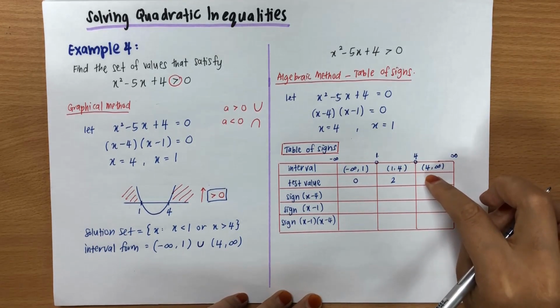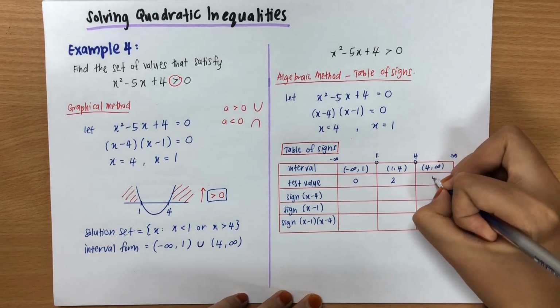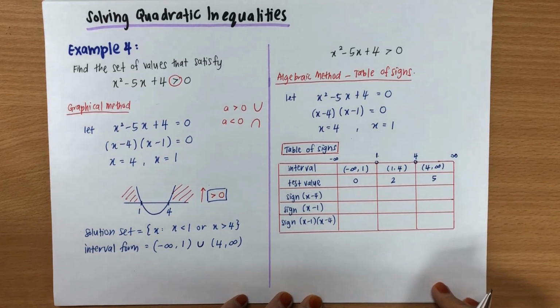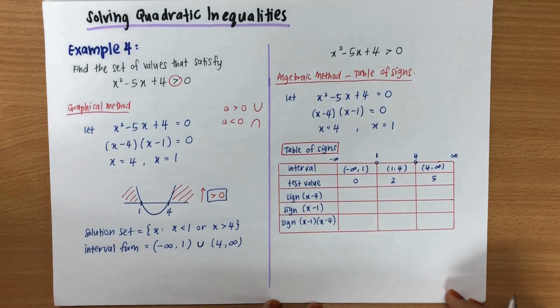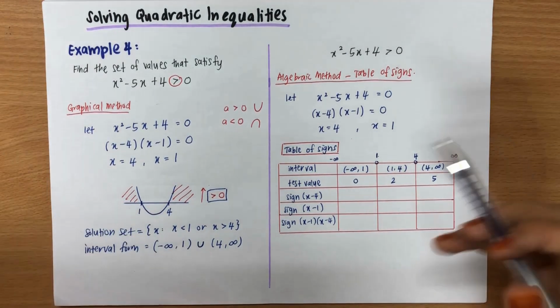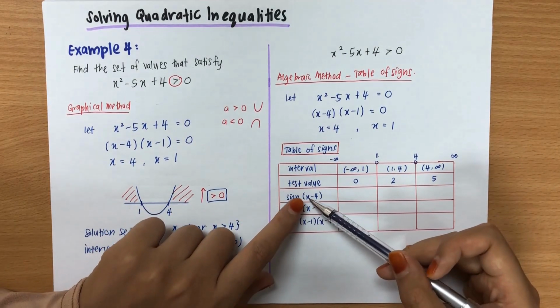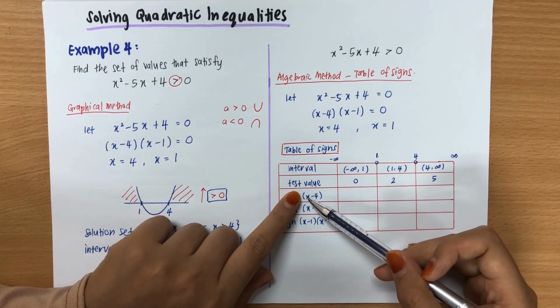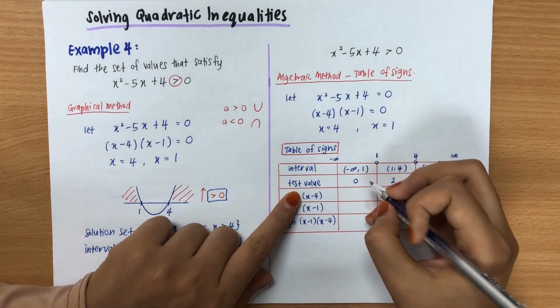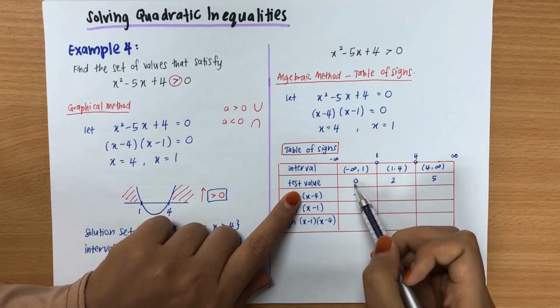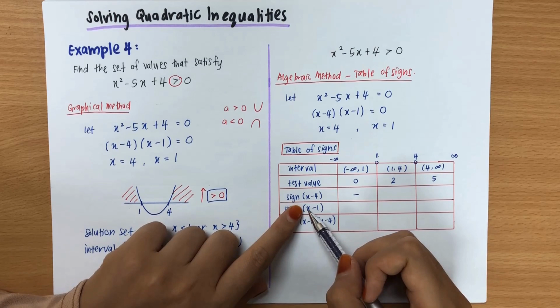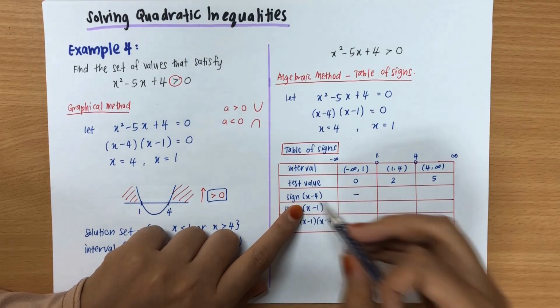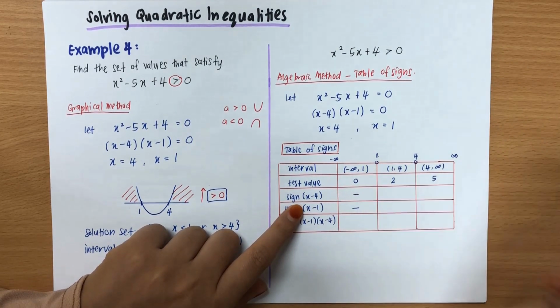And between 4 and infinity, we can take 5. Then plug in 0 in the first bracket: if x is 0, 0 minus 4 is negative. Taking the same number into x minus 1, 0 minus 1 is also negative.